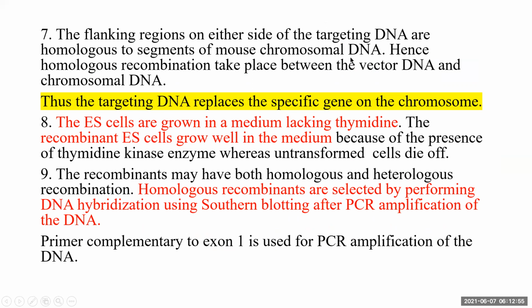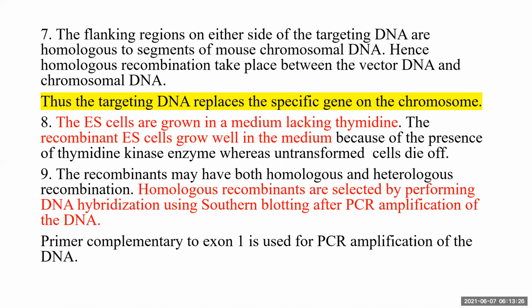See, what we want to do is, in the embryonic stem cell itself, we are replacing one functional gene by a non-functional gene. So naturally, when you are putting a non-functional gene inside the chromosomal DNA in an embryonic stem cell, there should be some identification regions. They should be identical. When the homologous recombination is taking place, the sequence should be identical, and hence mouse DNA is selected for this.